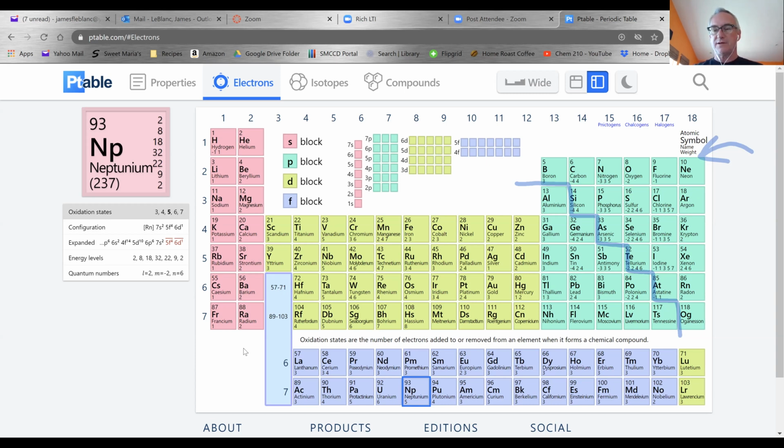So these are the non-metals here. And since the furthest right are noble gases, it's really only these. There are very few non-metals. You can count them on two hands.